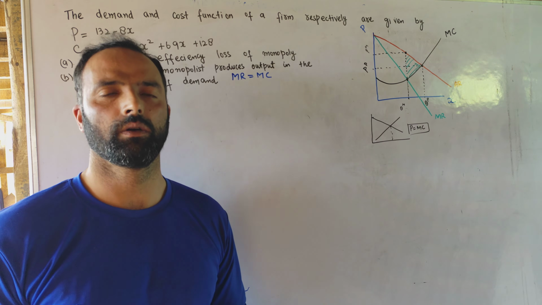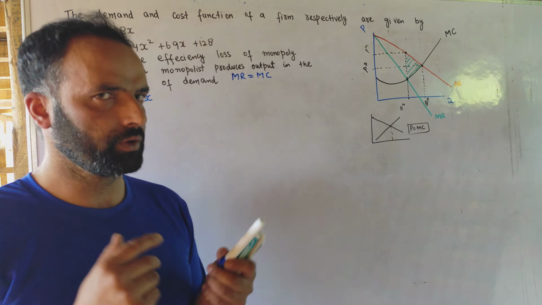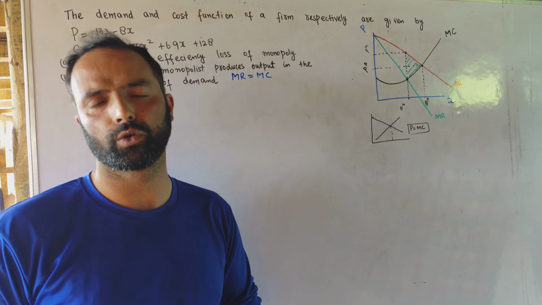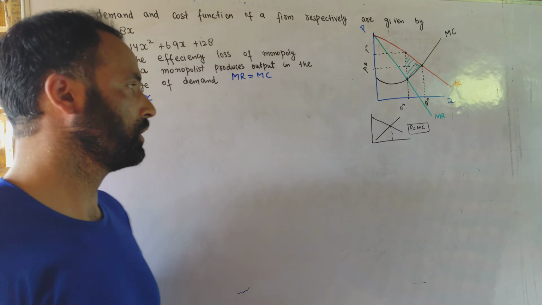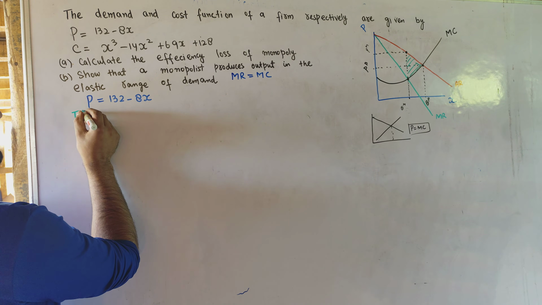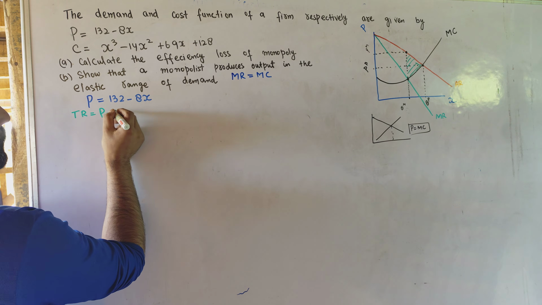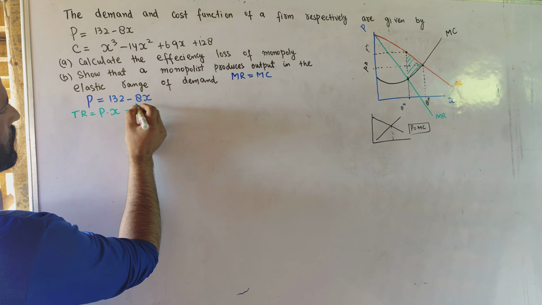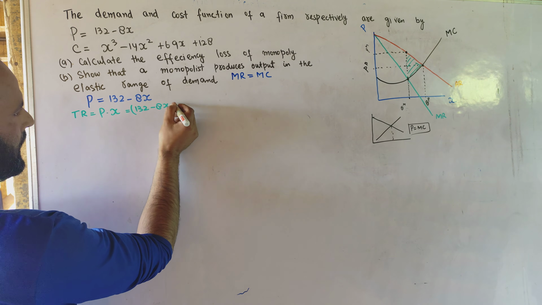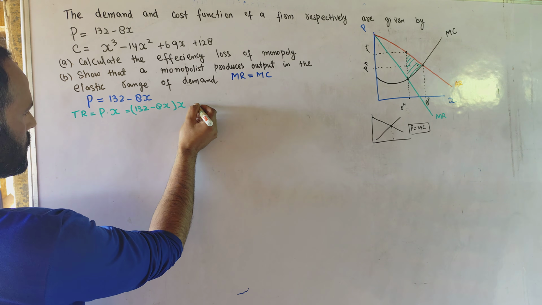We need to find out the total revenue first, then we can find out the marginal revenue. We know that total revenue is simply price into output, which will be equal to 132 minus 8x, multiplied by x, which will give us the total revenue.